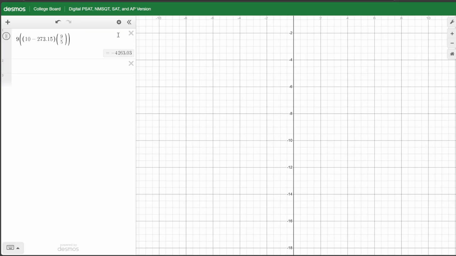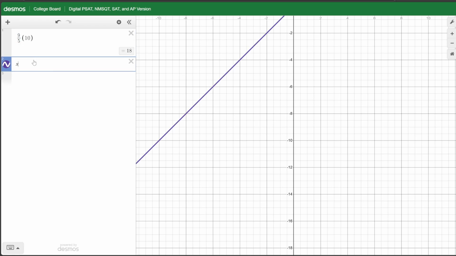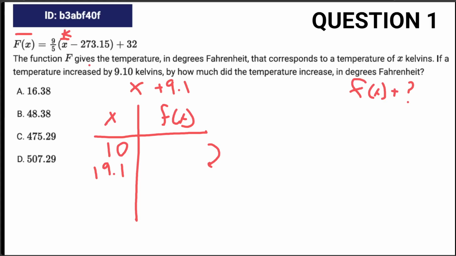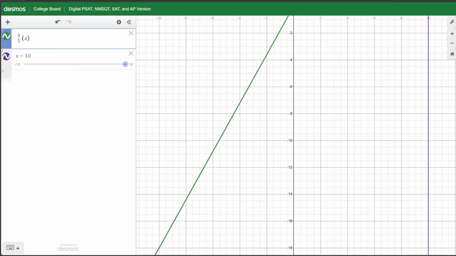I'll pull open my Desmos calculator, which is what I would recommend practicing with. Let's just say x is equal to 10, and then we can put x in here, and then negative 273.15 plus 32.